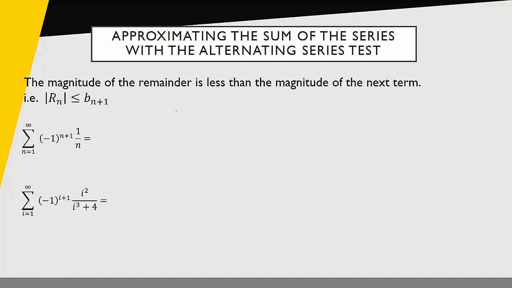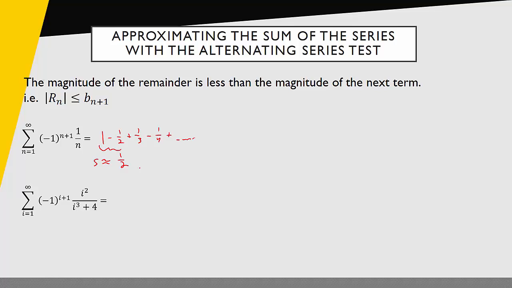Here we have that first series we looked at in the previous slide, and so once again we can write out those terms: 1 minus 1/2 plus 1/3 minus 1/4 plus dot dot dot. And the idea is we could use the first two terms of this series, 1 minus 1/2, to approximate the total sum of the series. In this case, I would say the sum of the series is approximately 1/2.